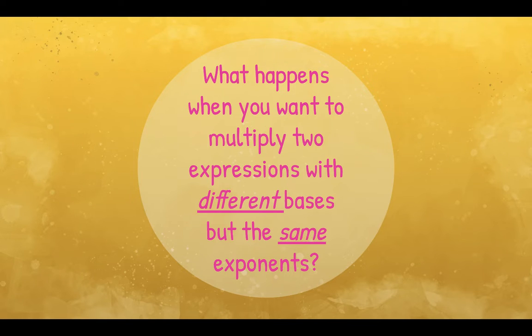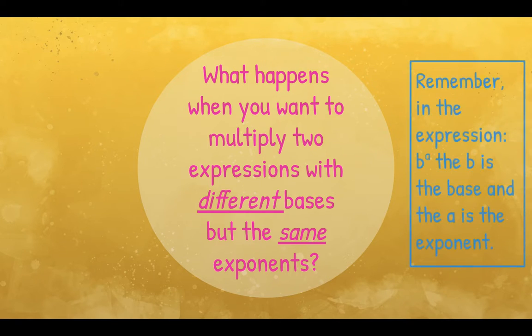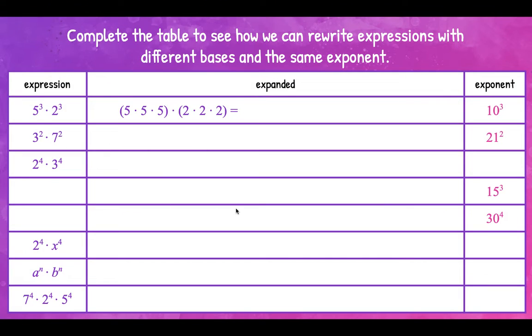So what happens when you want to multiply two expressions with two different bases, but the same exponents? Remember, in the expression b to the a power, the b is the base, and the a is the exponent. This chart says complete the table to see how we can rewrite expressions with different bases and the same exponent.